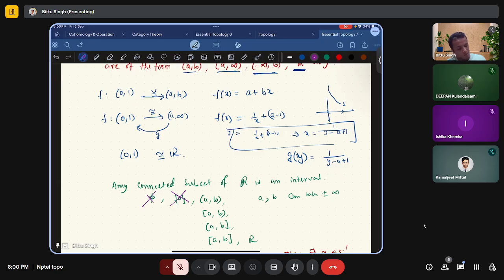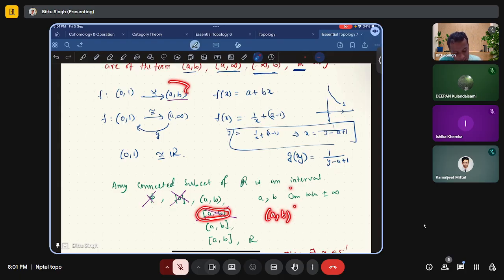And open (a, b) cannot be homeomorphic with an interval closed on one side. Why? If one side is closed and we remove the point a, it becomes (a, b), which is connected.